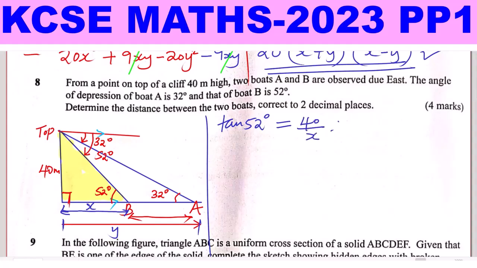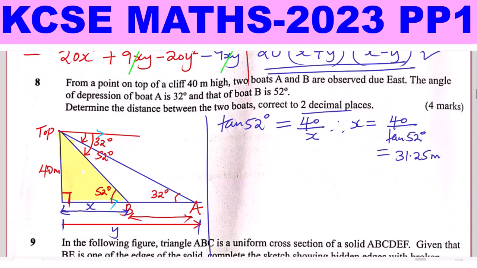So this one will be able to give us x. So x will be given by 40 divided by tan of 52 degrees. Working this out using a calculator, you get 31.25 meters. You're giving the answers correct to 2 decimal places.